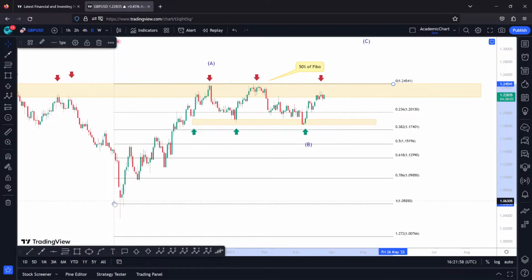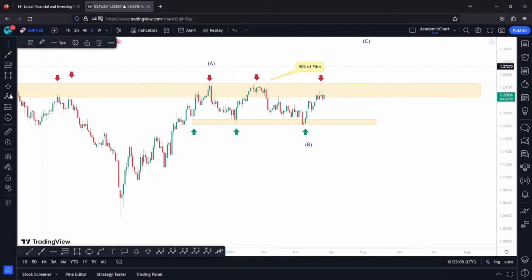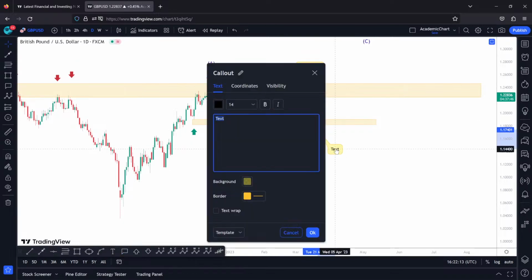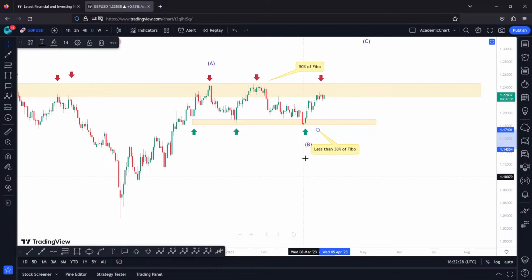Doesn't matter. What is important for us is that these sideways corrective structures are usually less than 15 percent, which this is covering. So I can now remove this tool and add a callout that it is almost 38 percent of Fibo, or even less than 38 percent of Fibo, because we omit that shadow.